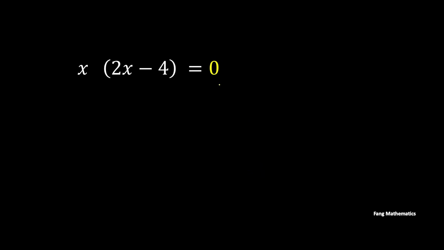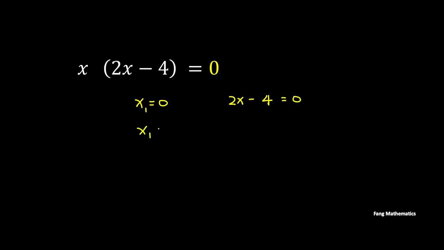Moving on. On the right hand side, you see there is a 0 again. On the left, you see there are two factors together. So you can apply the Null Factor Law where you equate each factor equal to 0. In this case, you have two factors. They are x and 2x minus 4. Equate each factor to 0 and solve for x.